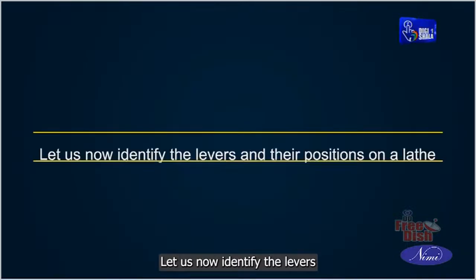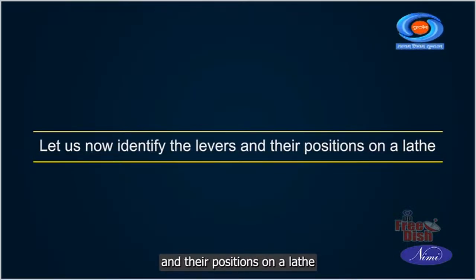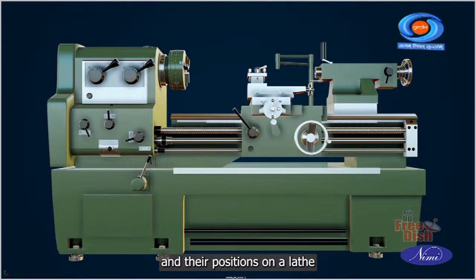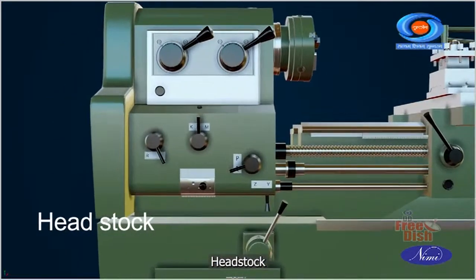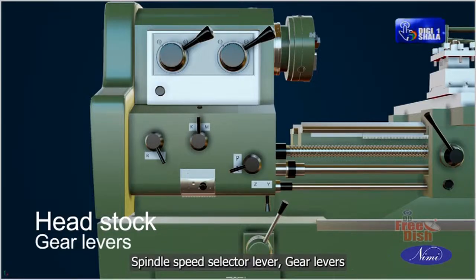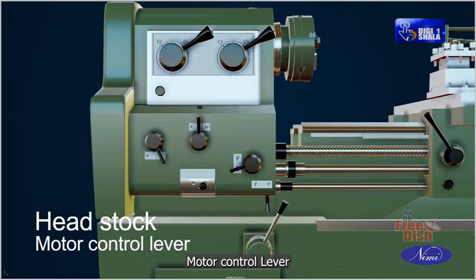Let us now identify the levers and their positions on a lathe. The following are the major levers and their positions on a lathe: headstock, spindle speed selector lever, gear levers, motor control lever.